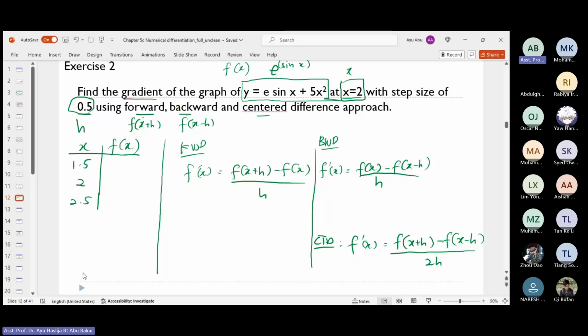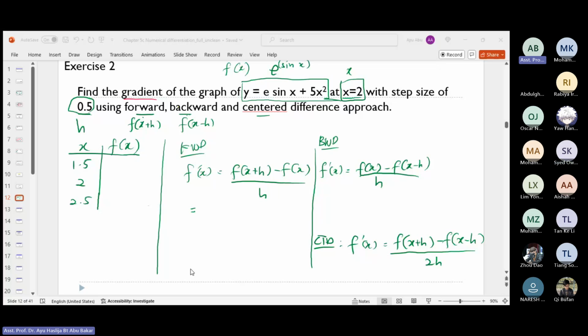Okay, what do you get for forward? 20.8102. 20 or 21? 20.81.